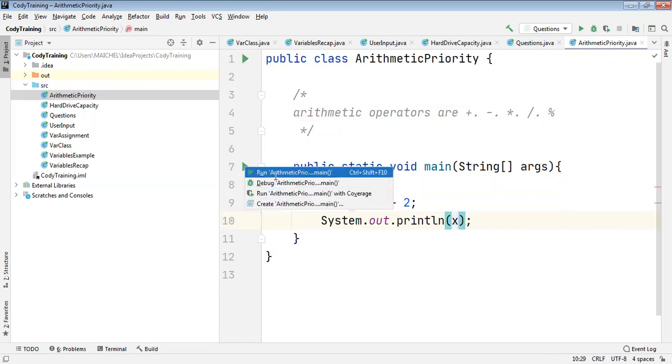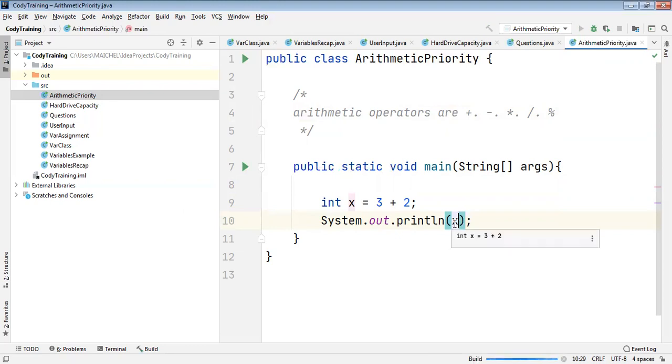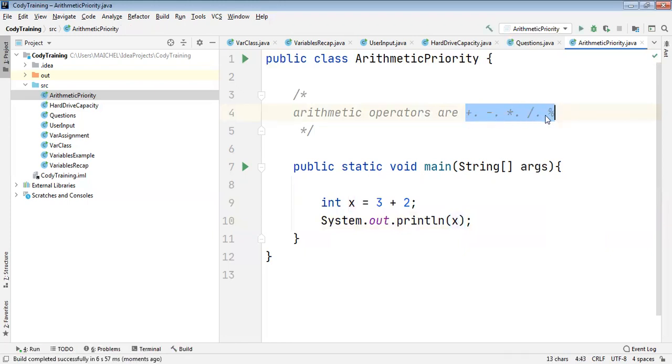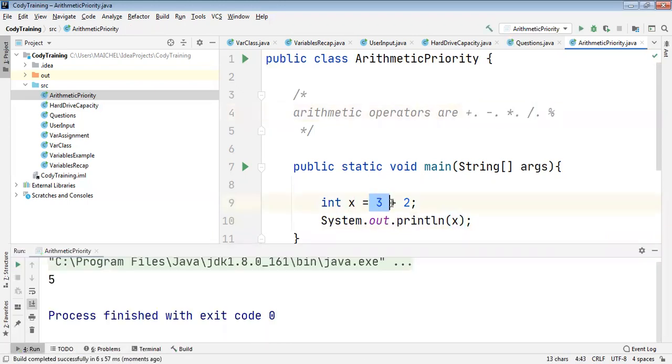It will add 3 plus 2, and it will print 5, the result. What if here I have multiple operators in this line? What if I have more complex calculation? And I will give you an example.